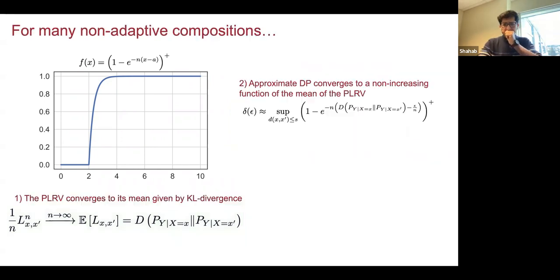Okay, so now we have a very nice procedure to compute the privacy guarantee of n-fold composition. We compute the KL-divergence between the output distributions of the mechanism for any neighboring data sets, so for any x and x prime. Then we plug that KL-divergence into this formula. We take the supremum over any x and x prime satisfying this condition. And then we claim that this gives us a very good approximation for delta.